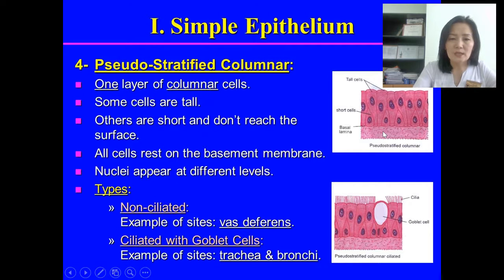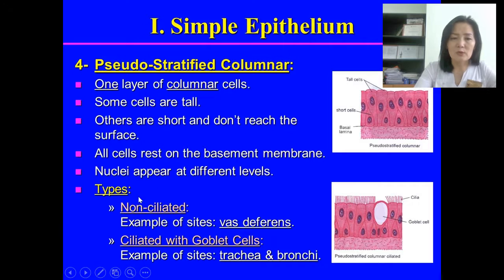But all cells rest on the basement membrane. That's why simple epithelium. Why pseudo? Pseudo means false. In the light microscope, this type of epithelium looks like stratified epithelium, but all cells rest on a basement membrane. That's why this type of epithelium is simple. And columnar, because it mainly consists of columnar-like cells.